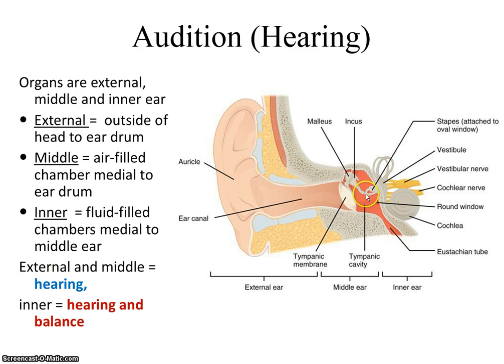So the external and middle ear are really related to hearing. The inner ear gives us hearing here at the cochlea, and balance. And here are the nerves that carry the action potentials that really begin here. Hearing and balance are both mechanoreceptors. Smell and taste were chemoreceptors.